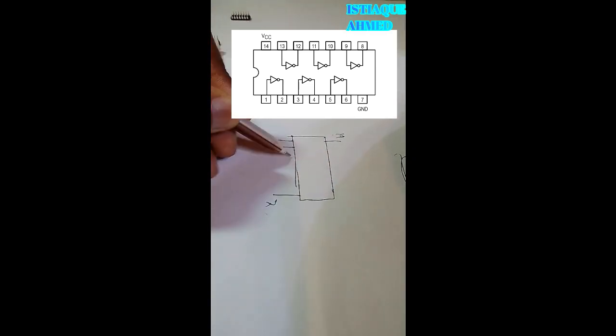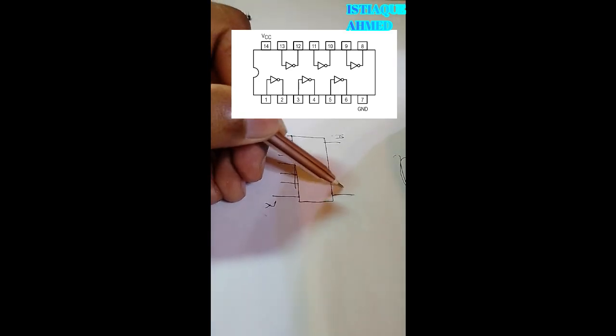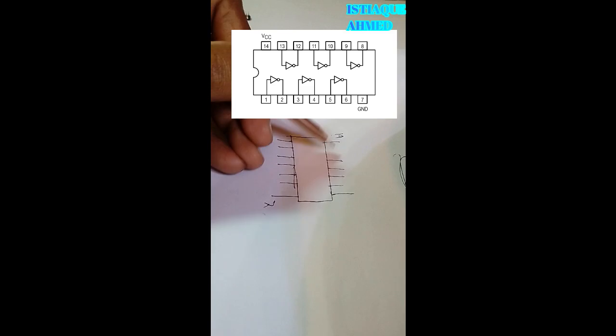This is for pin 14, this is for pin 7. 1, 2, 3, 4, 5, 6, 7. Another side is 8, 9, 10, 11, 12, 13 and 14. So there are 6 NOT gates in this chip.